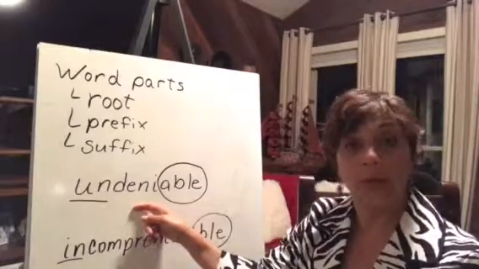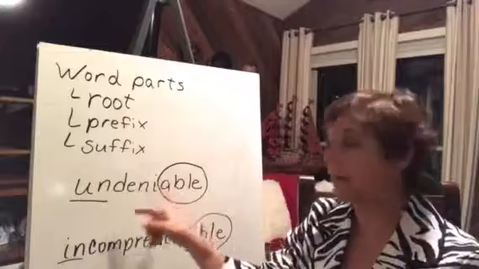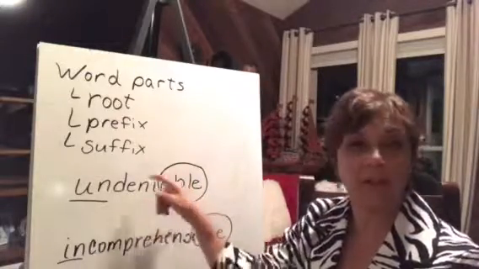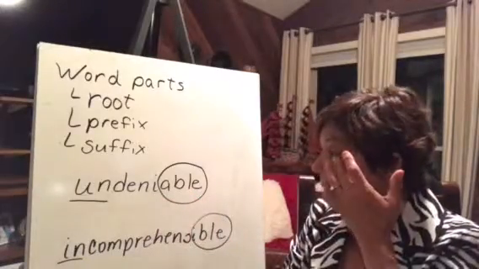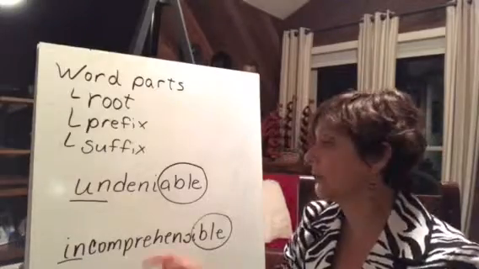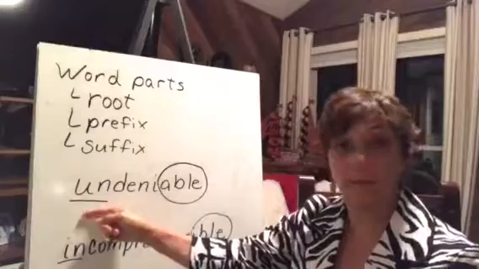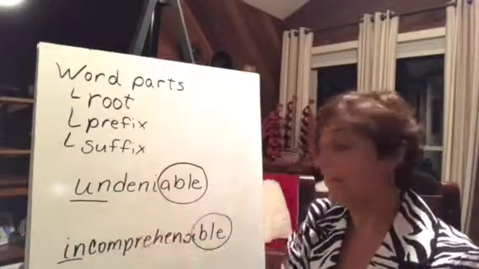Deny is the root word, which will come from Greek or Latin. There's my blank. So it'll be typically a Greek or Latin root. And then able is my suffix, which means able to. So undeniable would mean not able to deny.